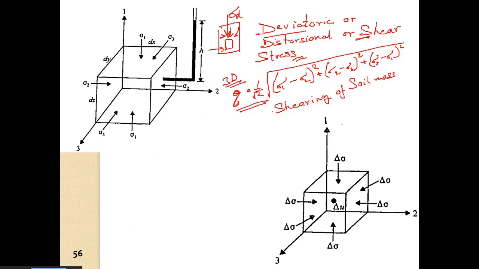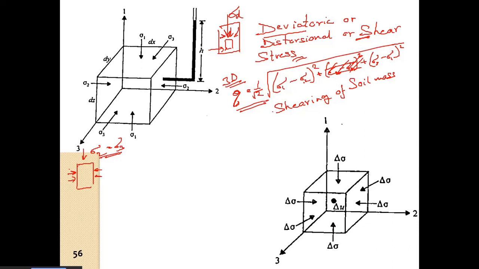Now this is of course the three-dimensional case. In case of the axisymmetric case, that is the triaxial test, sigma 2 is equal to sigma 3. Therefore, sigma 2 minus sigma 3 is 0, and this cancels out.